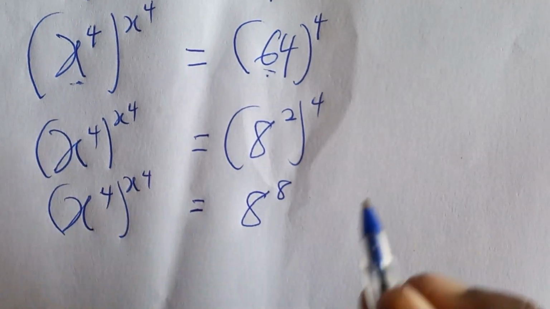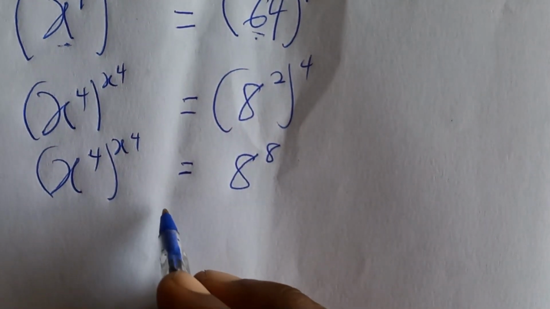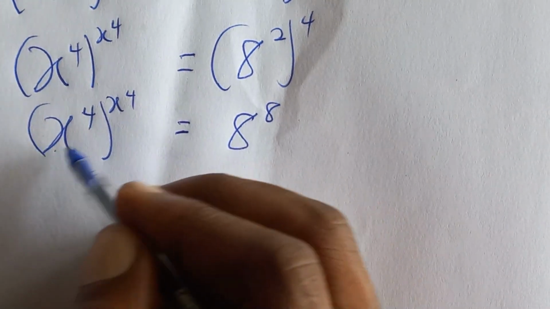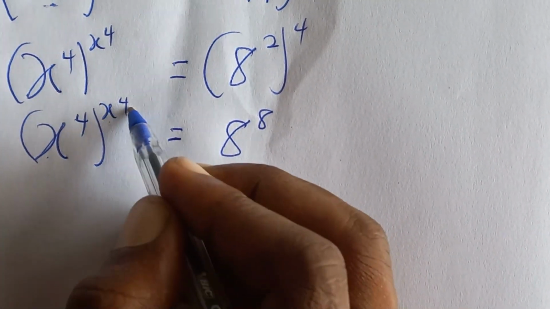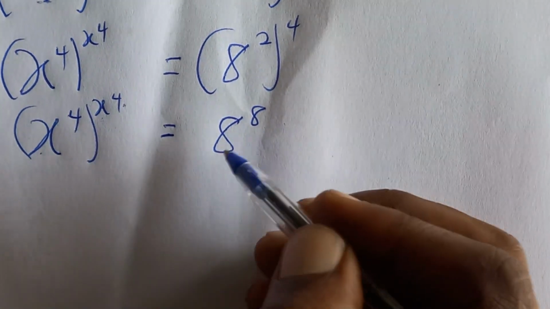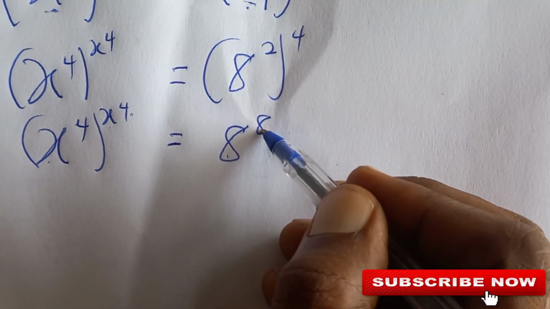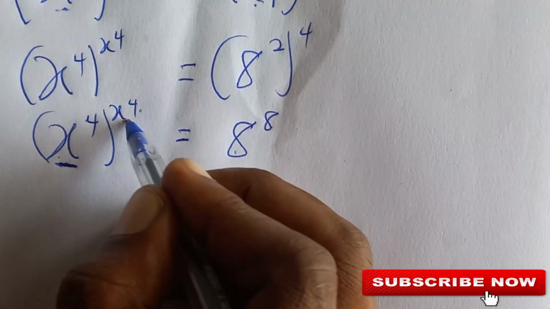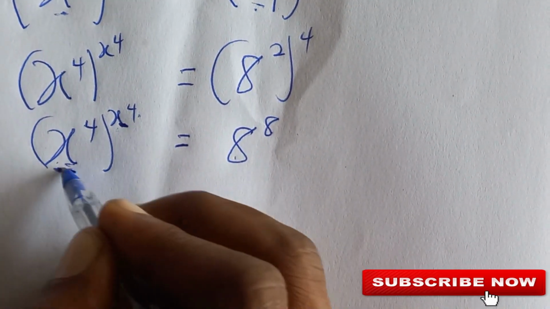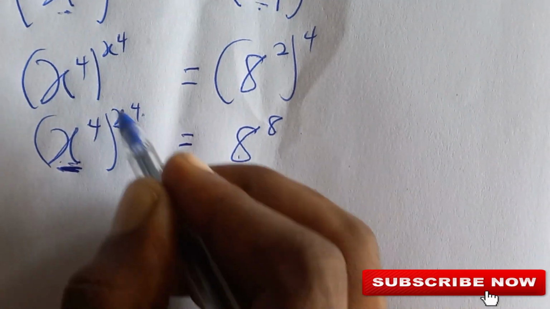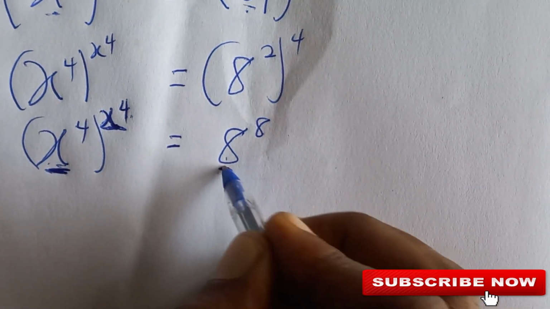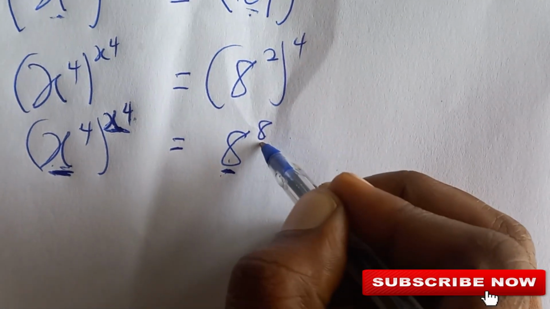Now we can say this x exponent 4 is the same as x exponent 4, this one, and look at this 8 exponent 8. So it means that this term here is the same as this power x exponent 4, and also this 8 here is the same as the power here, the exponent.